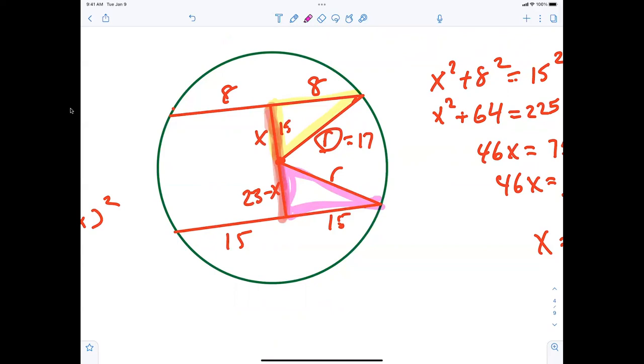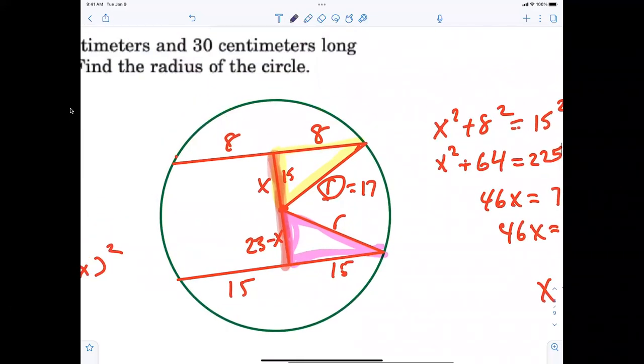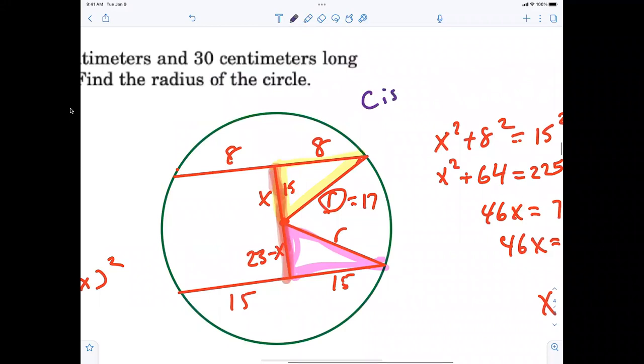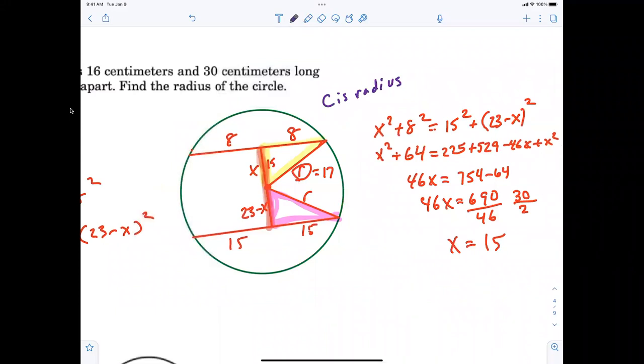And what's true about c in this case? C is the what? That's right. C is the radius. And the radius is equal. So it was just x squared plus 8 squared equals 15 squared plus (23 minus x) squared.